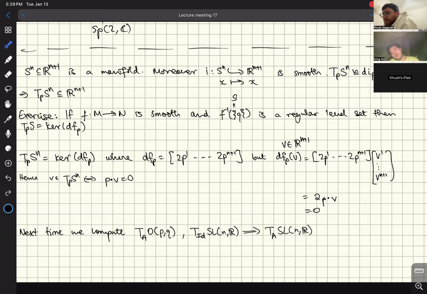I thought general relativity is mostly differential geometry, right? Yeah, it's actually mostly Lorentzian geometry, which, funnily enough, we won't even get to.